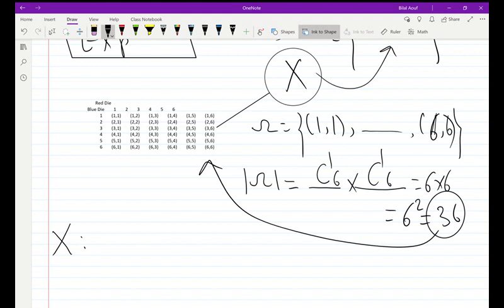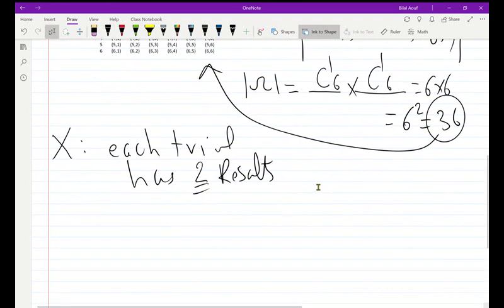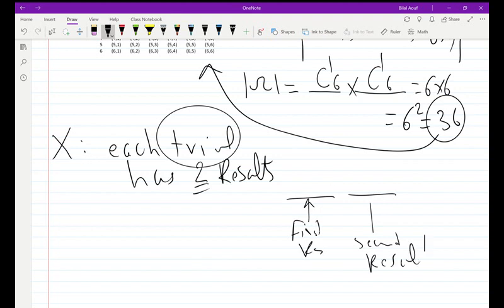Each trial has two results, a first result and a second result.